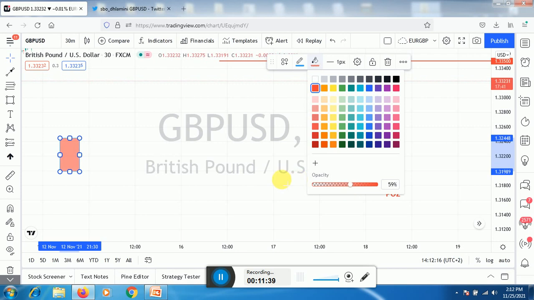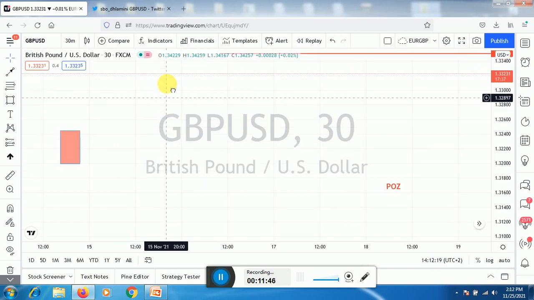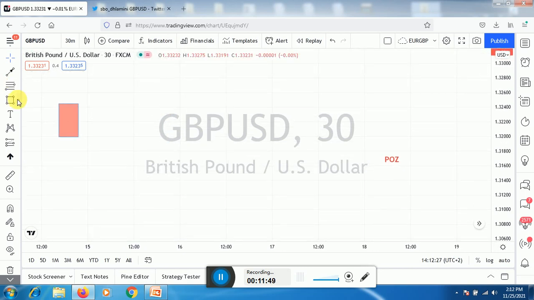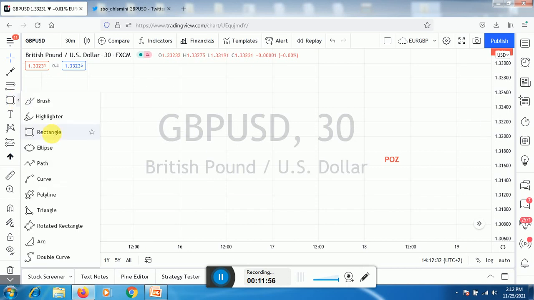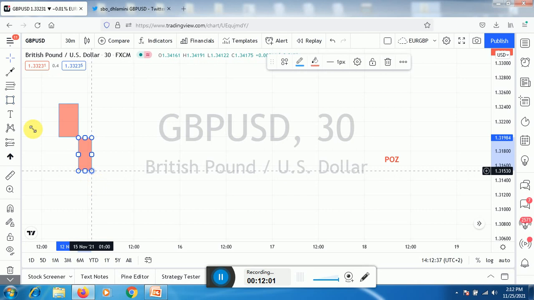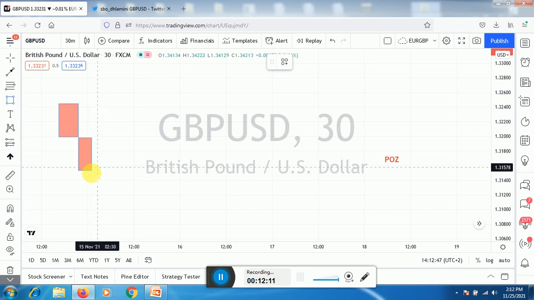Red means danger, so it means the market is actually going down. That's our first bearish candle there. Bearish candle number 2. Bearish candle number 3.